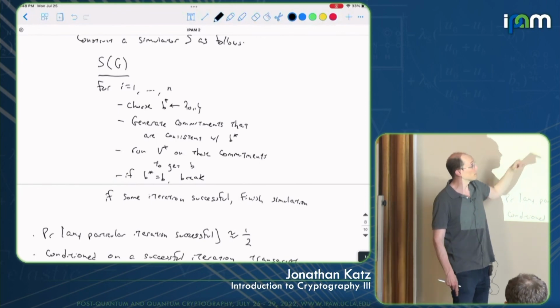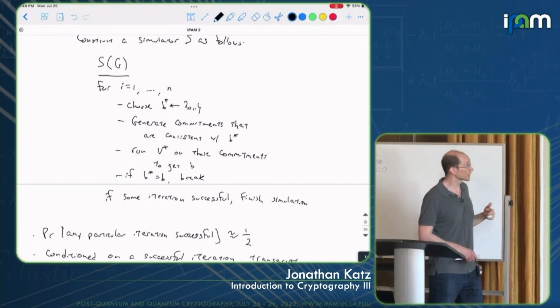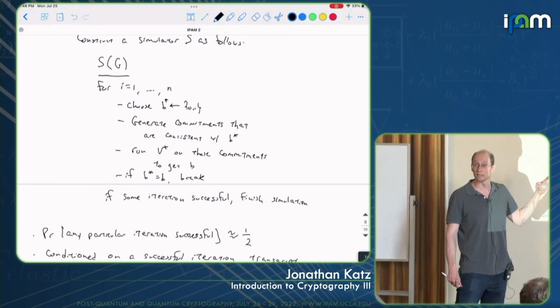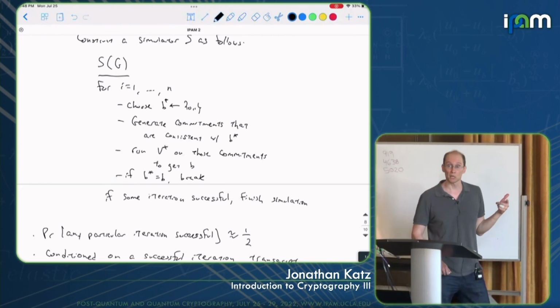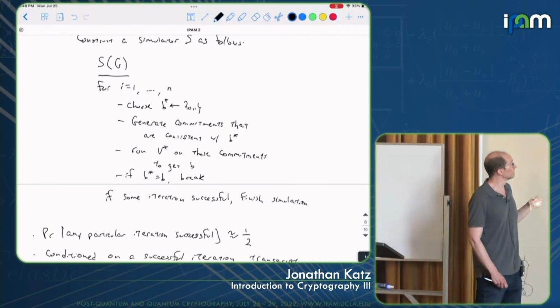And this is going to be a major source of challenge in the quantum setting, where if we take V star to be a quantum adversary, then you don't necessarily have the ability to rewind it in that way, because there are quantum mechanical operations that cannot be inverted, measurement in particular.